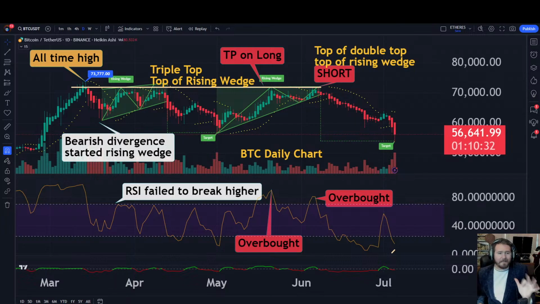If you haven't learned any chart pattern from me ever before, learn about the rising wedge. It can save your profits.